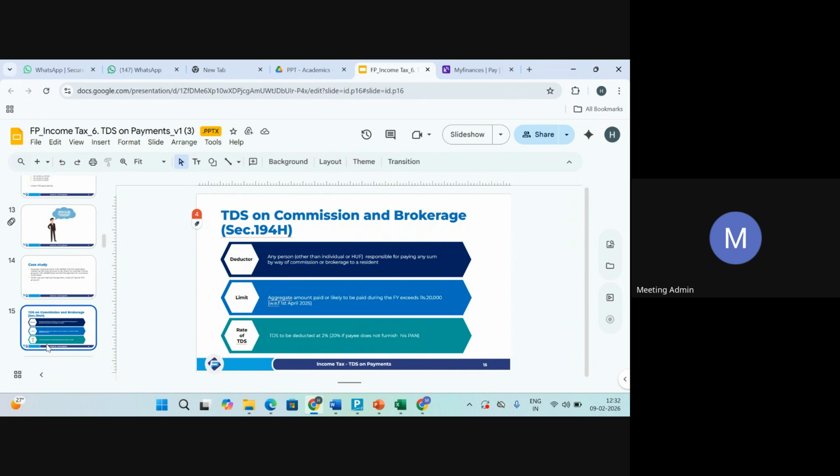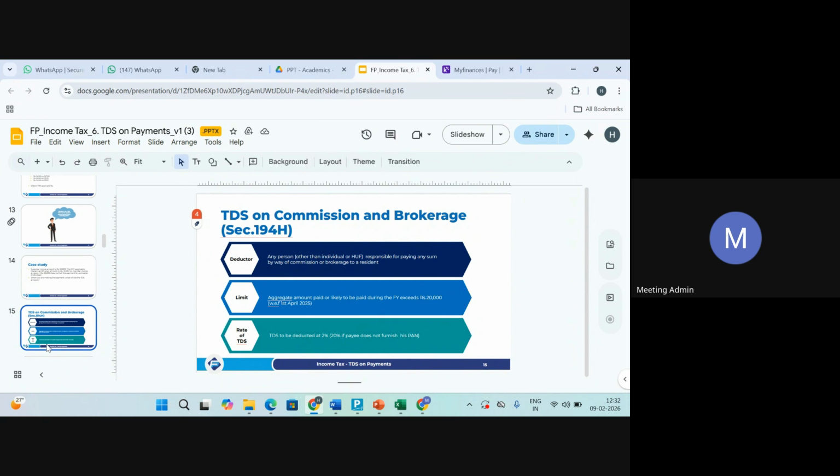The rate of TDS is 2%, based on the total commission he is receiving. And if you don't have a PAN, then 20% has to be paid. So that is the commission and brokerage TDS.